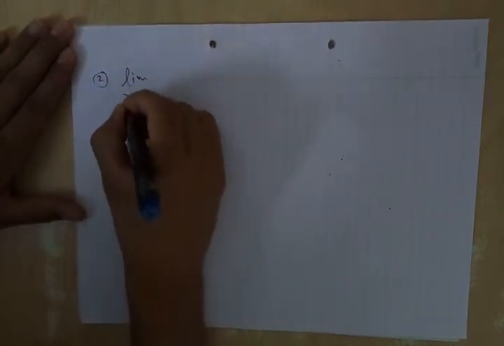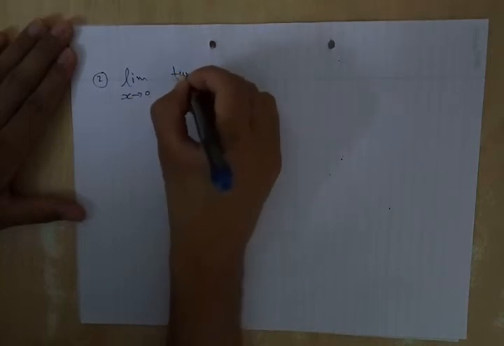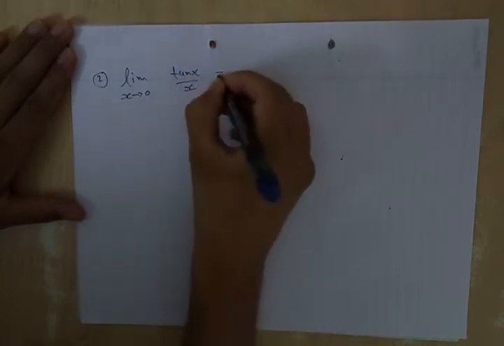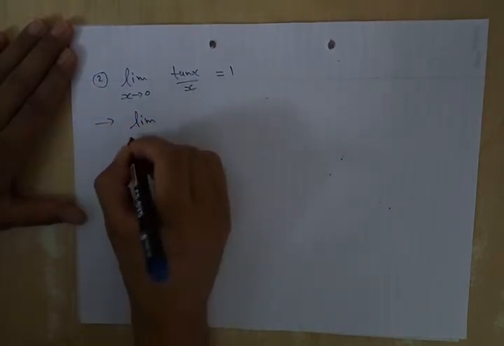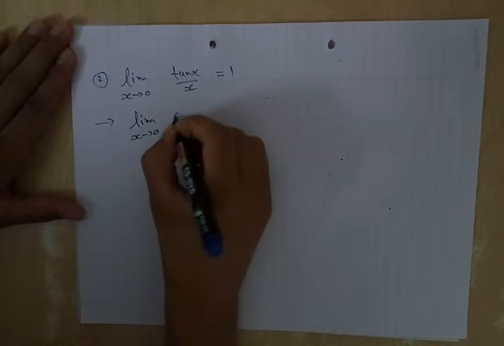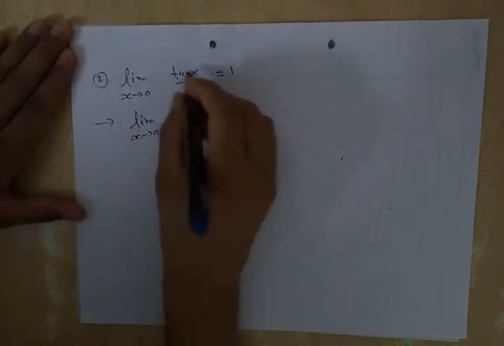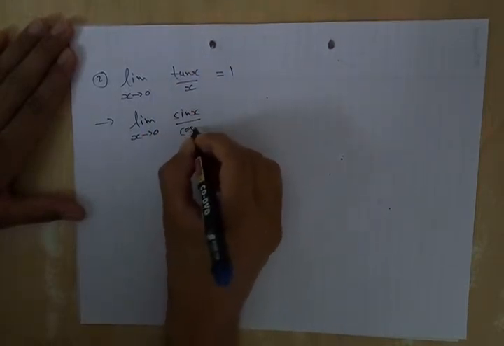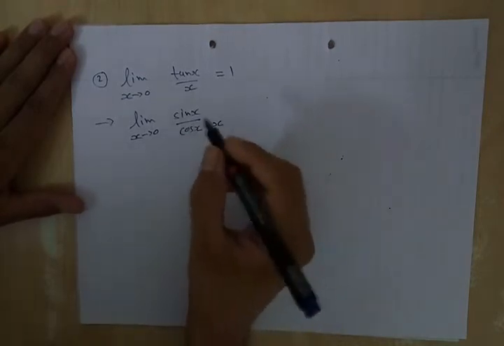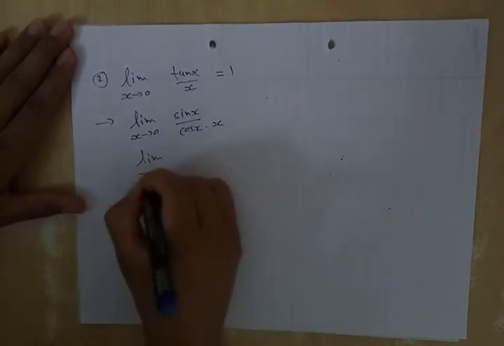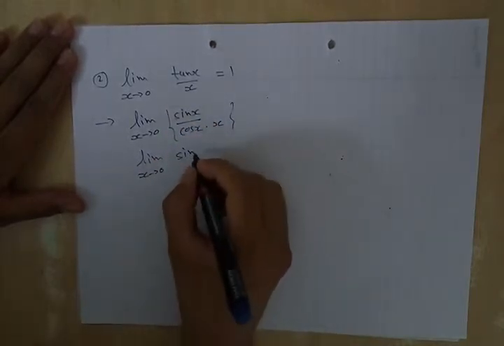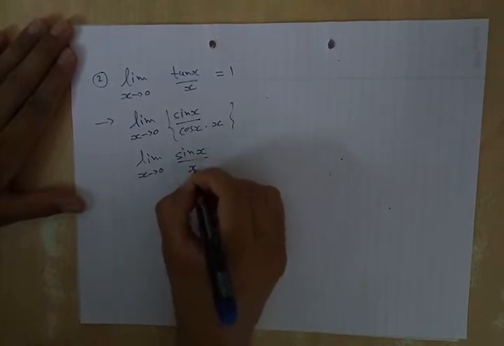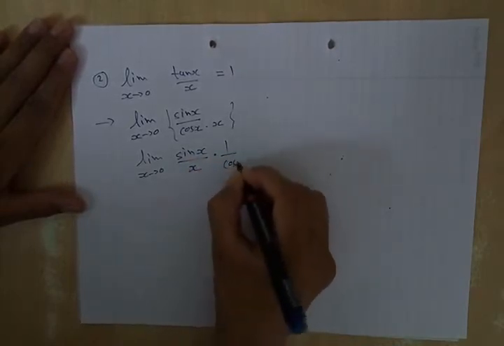Now there is another important formula, limit x tends to 0 tan x upon x is equal to 1. We can prove this formula like this. Tan x is equal to sine x upon cos x. So limit x tends to 0, by simplifying, we can write sine x upon x into 1 upon cos x.